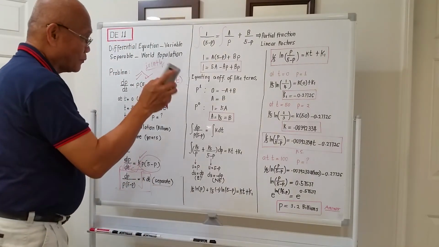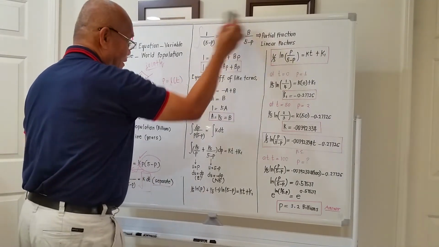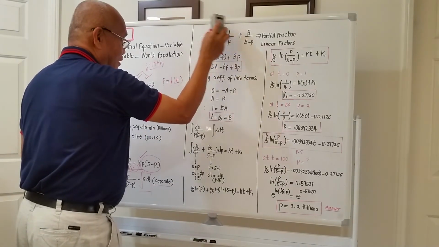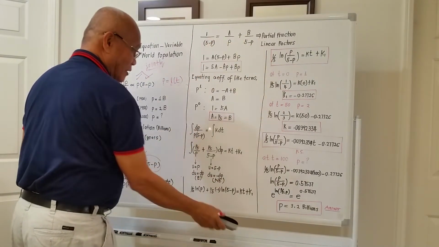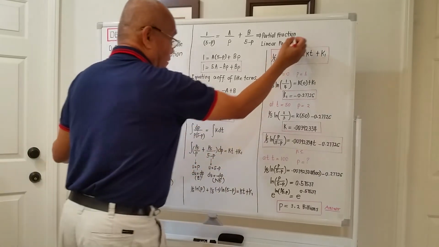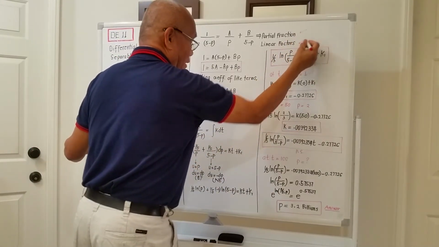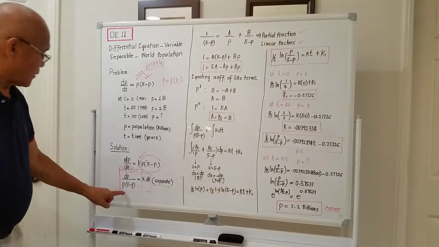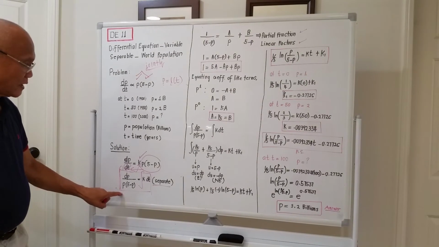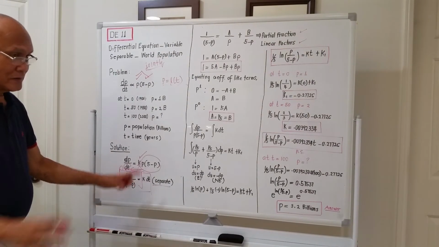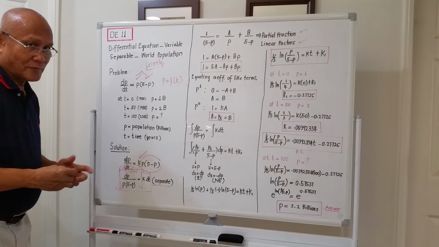Let's try to compute first for the values of a and b. The integration of the left-hand side is actually using partial fractions under linear factors. There are two linear factors underneath, okay? This is p and 5 minus p. Recall your integration under linear factors.